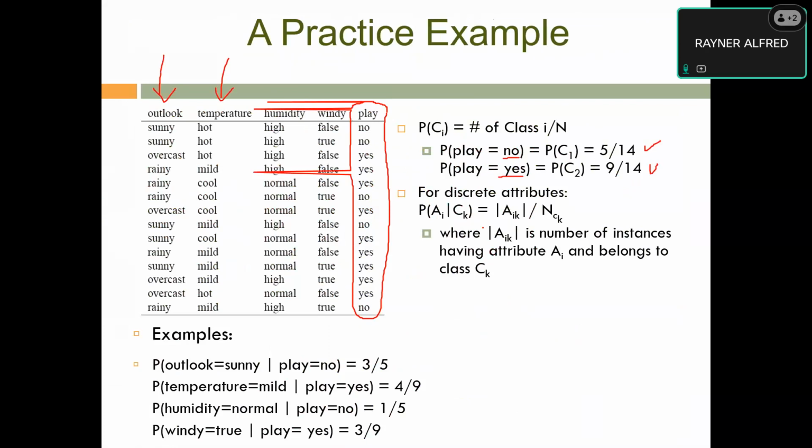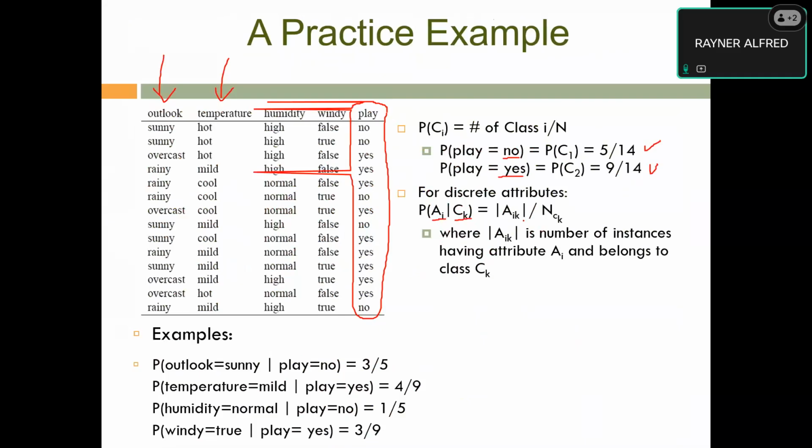So over here we are looking at, okay, given that you have this class, what is the probability of having this attribute? Okay?